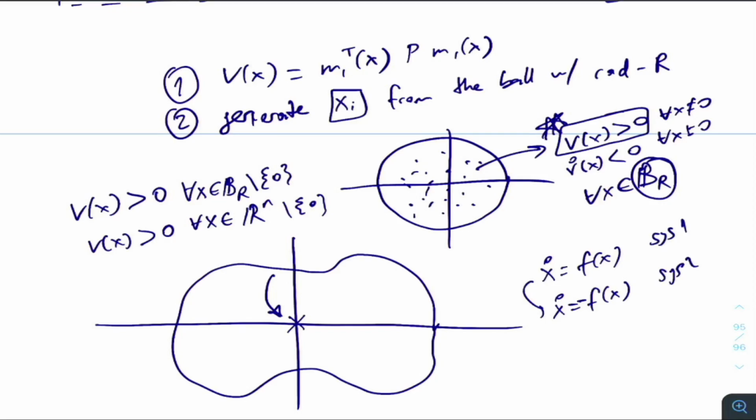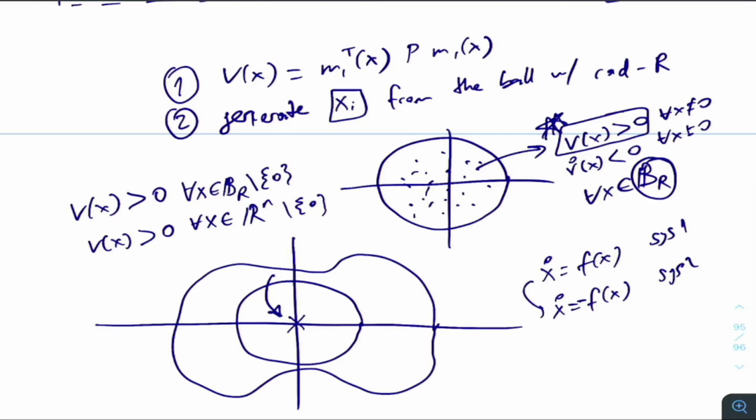So now you have the ability to prove a local asymptotic stability, or local stability in the sense of Lyapunov. Here you are going to select a ball. By the way, this might be done in a bisection way. You will start with a small ball, and then make it larger and larger until you touch the boundaries of that limit cycle.